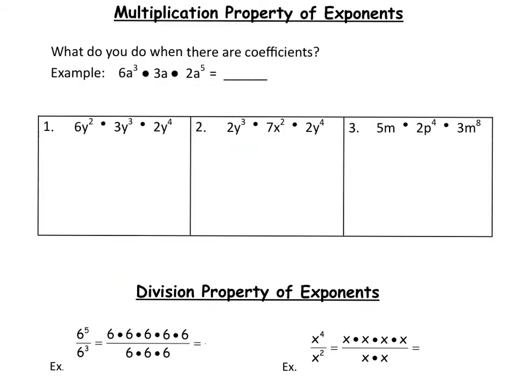Now, what do you do when there are coefficients? You've got to remember that coefficients are the numbers, the constants that are multiplied by the variables. The answer in this case is going to be, multiply them.